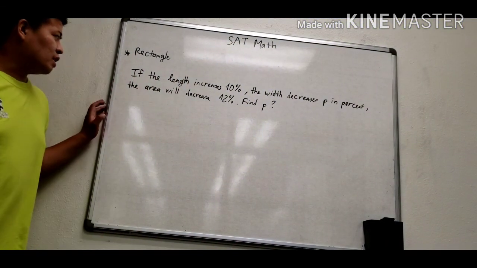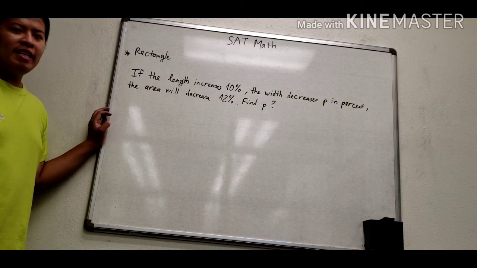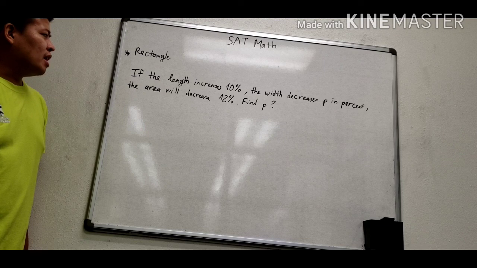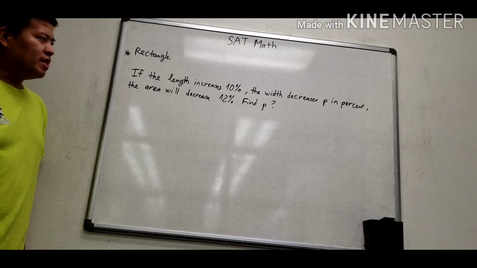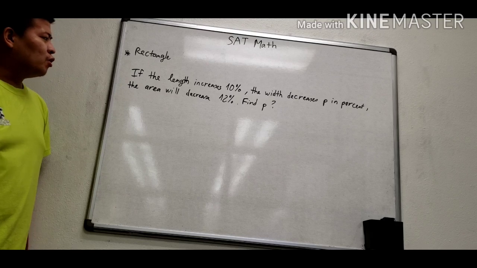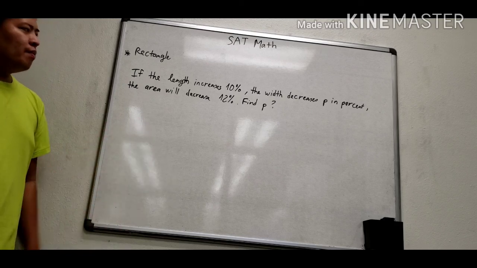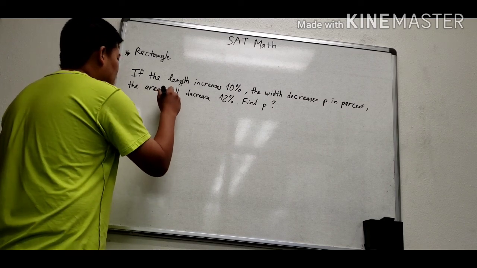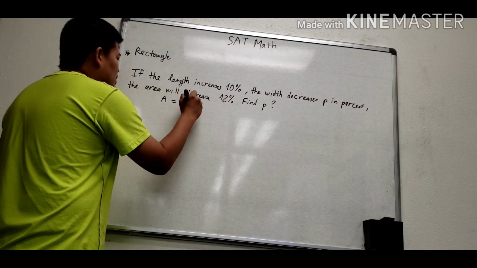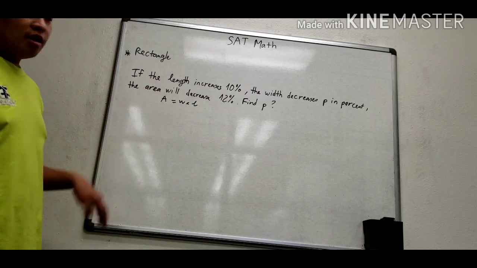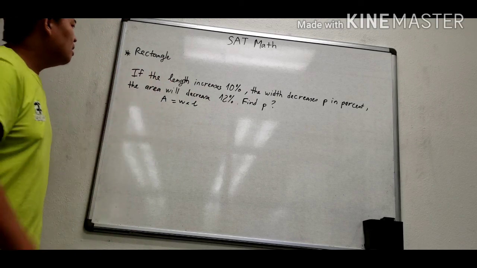So the next question is from the real SAT math. If the length increases 10% and the width decreases p percent, the area will decrease 12%. Find p. So we know that the area is the width multiplied by the length. Now we can consider different numbers.